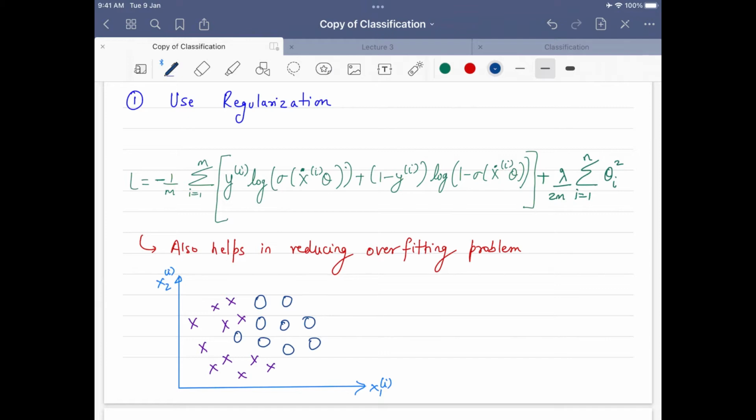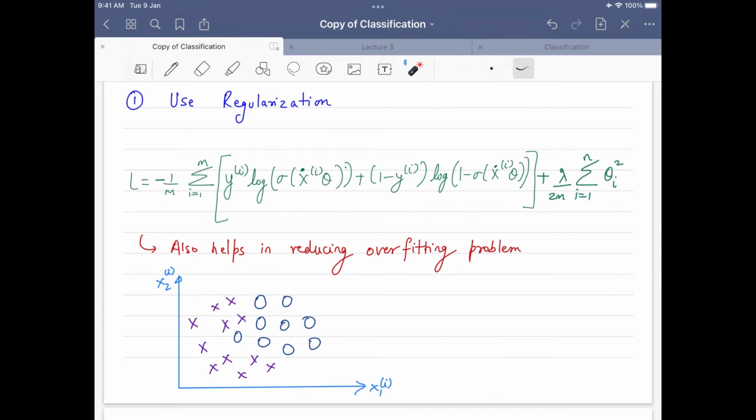of the boundaries. This is a very simple example I am trying to show you, where we have two features only, but I'll just try to show you the concept of what overfitting is and how regularization tries to avoid that. If you use multiple features, like x1, x2, x3, x4 or x1 square, x2 square, then your boundary will become very complex and it will try to classify each and every point to either class 0 or class 1.